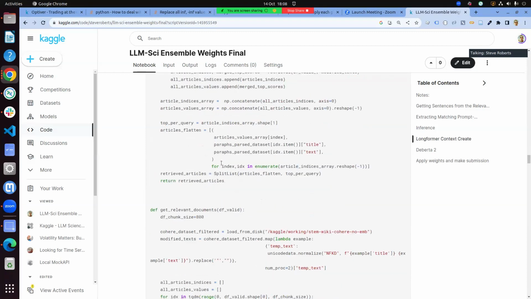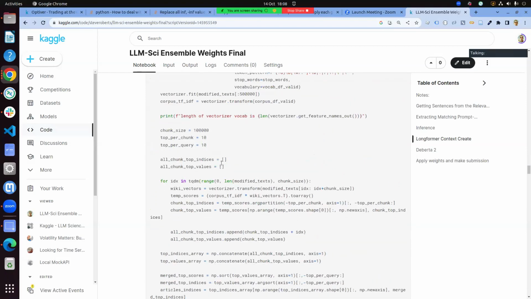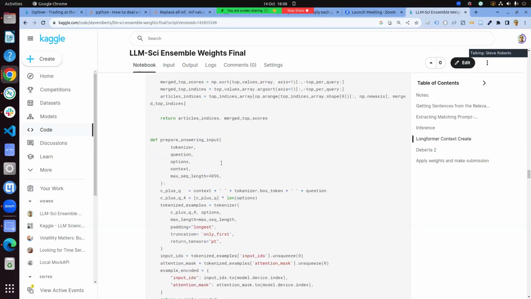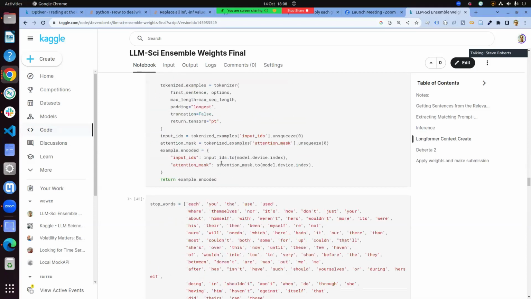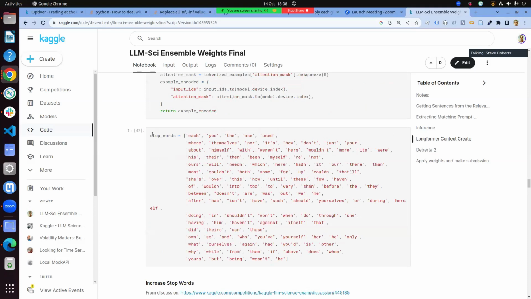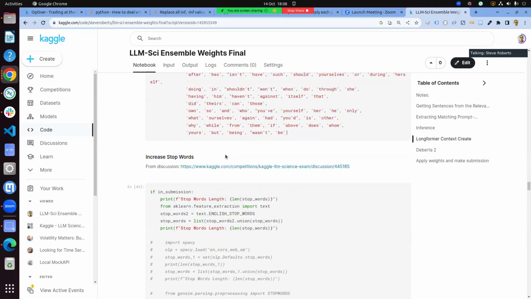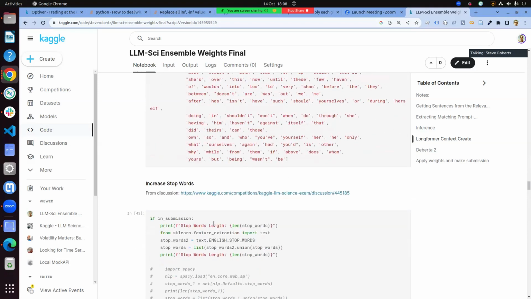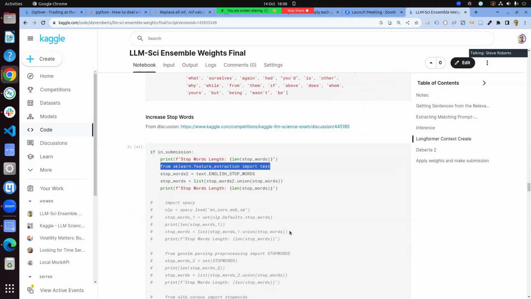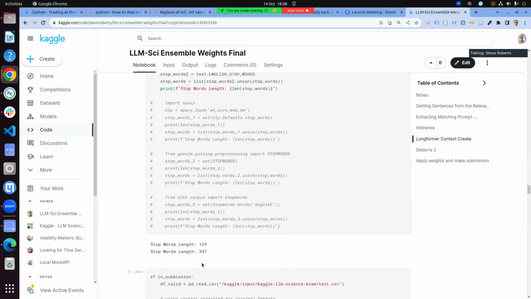The only change I made was this: he's using sentence transformers to find the Wikipedia documents that match, but he had a list of stop words that he provided. In the discussion, somebody suggested increasing those stop words by using the stop words from sklearn, which increased them from 129 stop words up to 347 stop words.